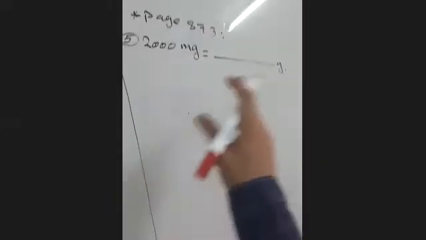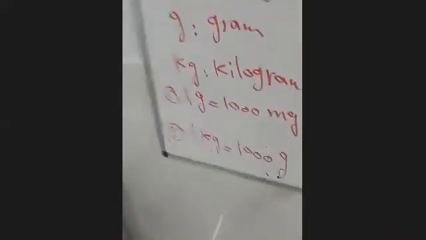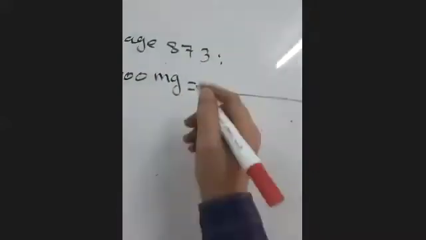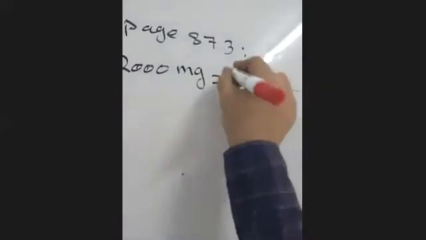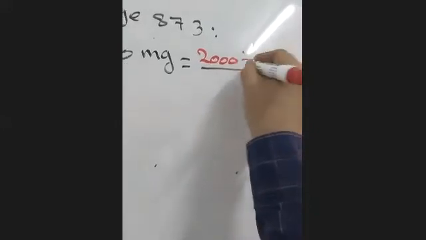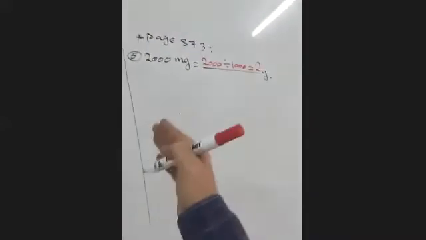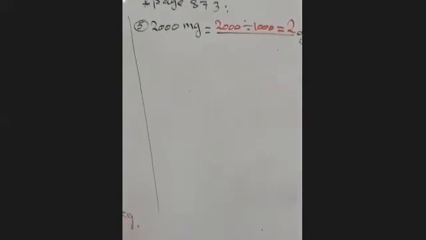I want to turn it from milligram to gram. From smaller to bigger, 2,000 divided by 1,000. How much? It is 2. Cross the zeros. So 2,000 milligram equals 2 gram.